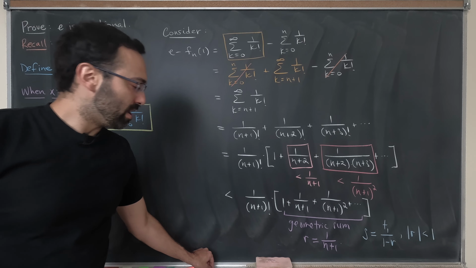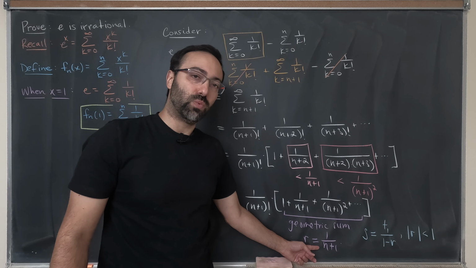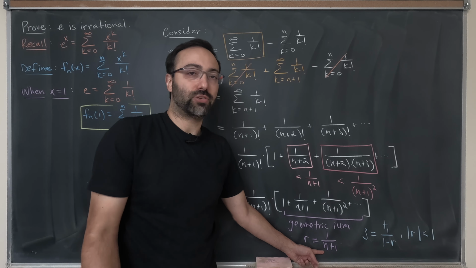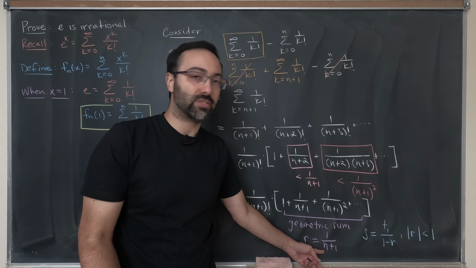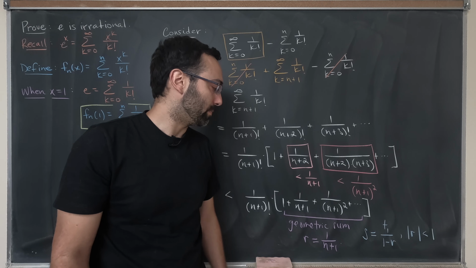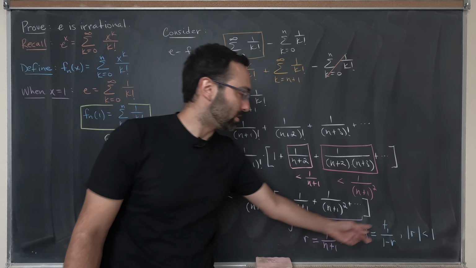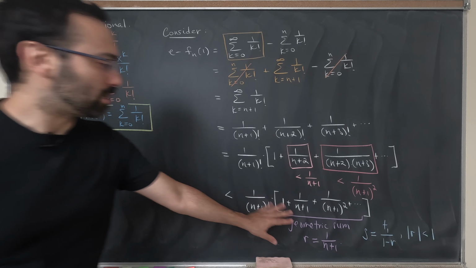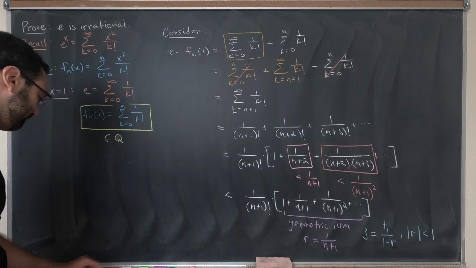But indeed, if our common ratio is 1 over n plus 1, n being a natural number, 1 divided by some natural number plus 1 is going to give us a fraction that lies between 0 and 1. So this common ratio is definitely between 0 and 1. So let's determine the sum of this geometric series.